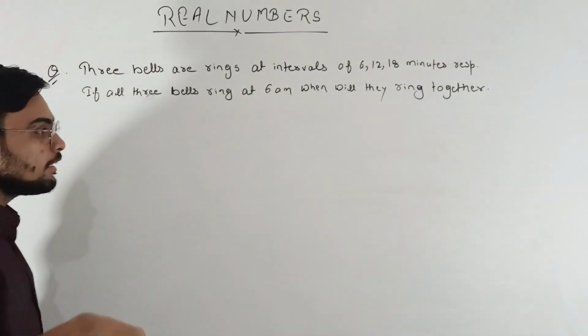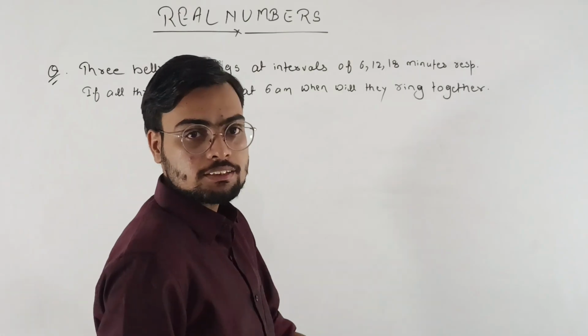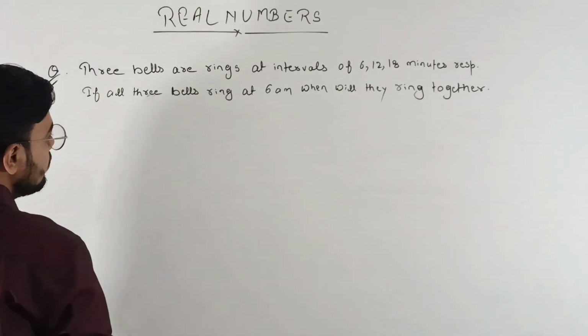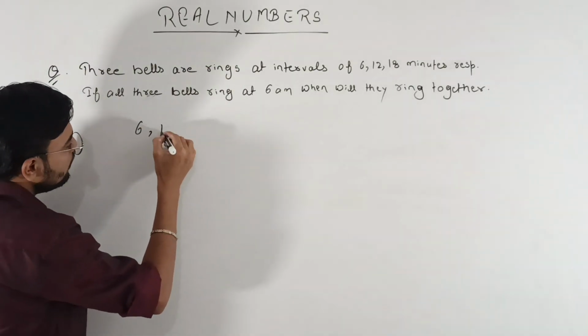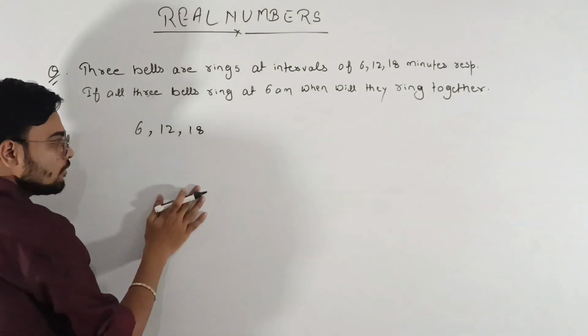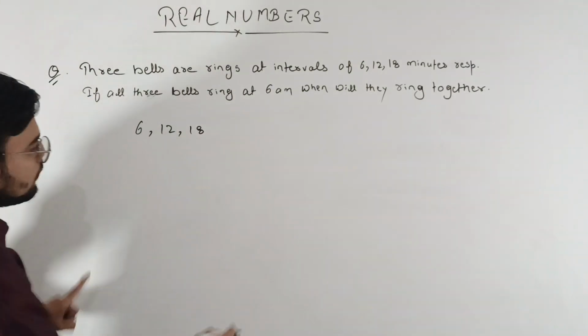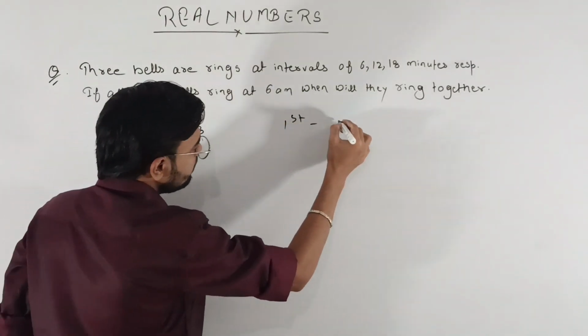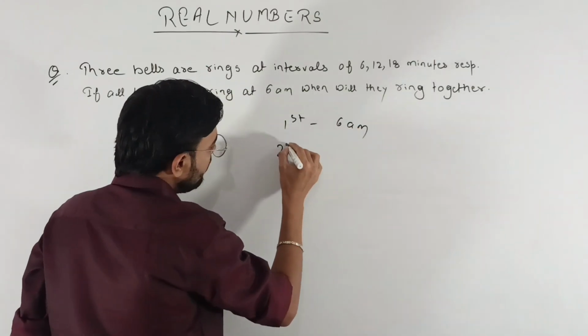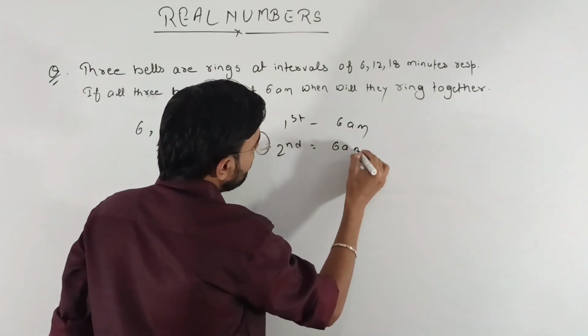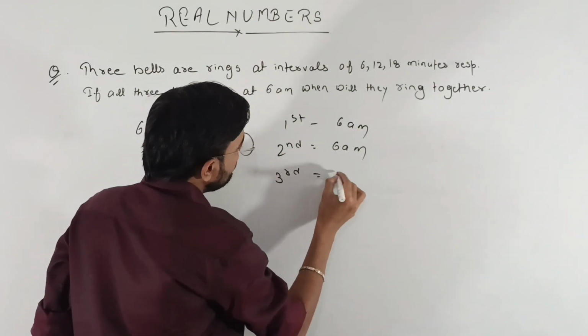First we write the given data, then we analyze whether our answer is greater or smaller than the given data. Our given data is 6, 12 and 18. Suppose the first bell rings at 6 am, the second bell also rings at 6 am and the third bell also rings at 6 am.